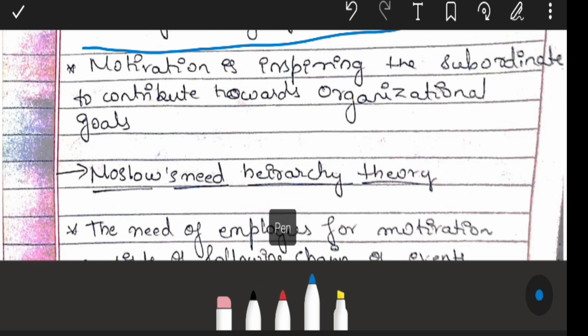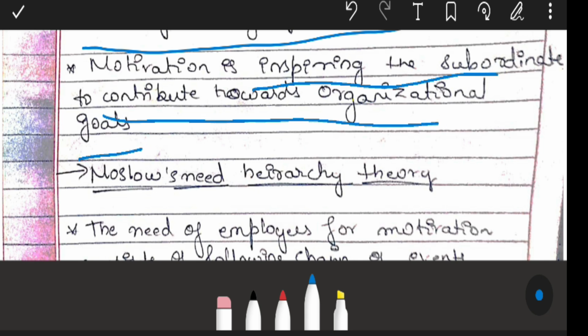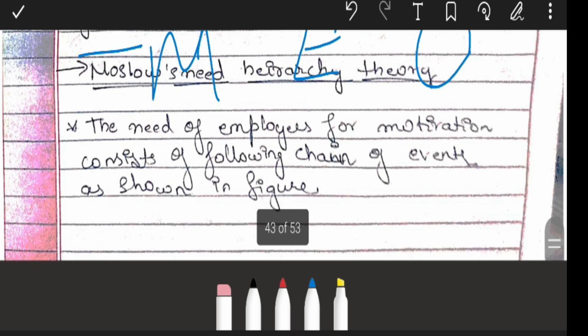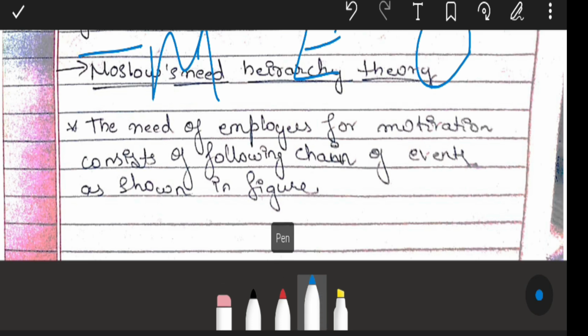Motivation is inspiring the subordinate to contribute towards the organization's goal. A manager should motivate their employee or subordinate to achieve the organization's goals. Maslow's theory of motivation. See, Maslow said that the need of an employee for motivation consists of a chain of events.